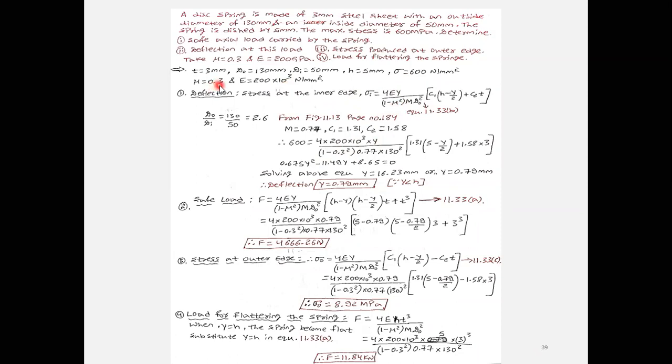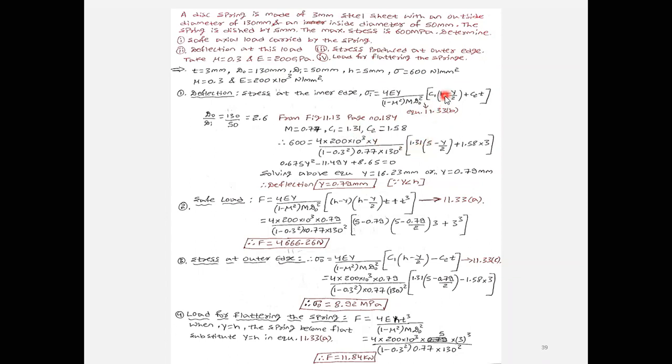Mu is 0.3. After that, substitute the m value you have just calculated, 0.77. D naught value is given, it is 130 mm. After that, the C1 constant, it is 1.31.